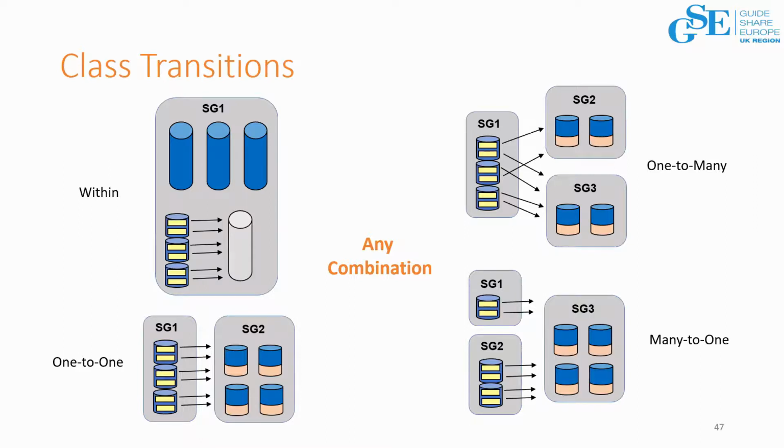So you can transition data sets within a storage group to other volumes in the same storage group, or from one storage group to another. You can also transition from one to multiple storage groups or multiple storage groups to a single storage group. And this type of movement is especially helpful when you need to make an SMS configuration change, or when you're increasing the size of volumes or performing a device refresh.